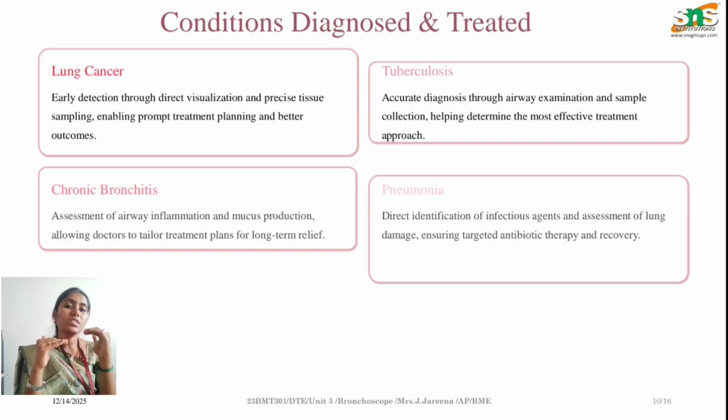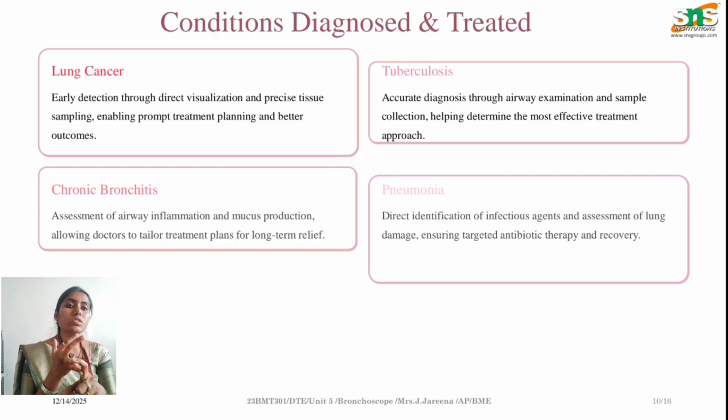So lung cancer is placed at the top level of cancers with a very high mortality rate. If we can diagnose this cancer at an early stage with the help of applications of the endoscope, such as the bronchoscope, then there is a very high chance for the person to have a healthy life, a safer life, quality of life, and so on.